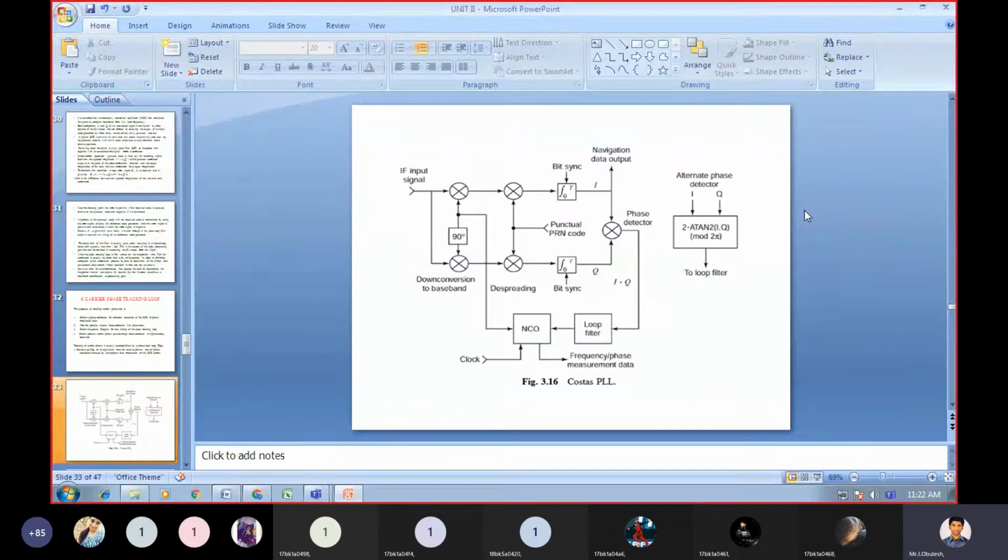So this is the diagram for the Costas PLL, or phase lock loop. You need to see the diagram carefully.